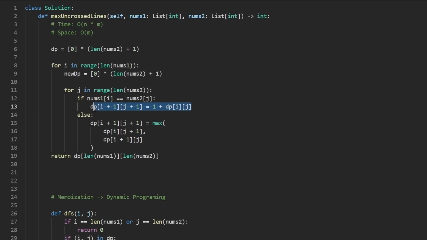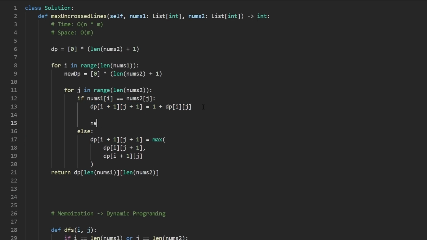The first one should now be new DP at position j+1, we can probably still use j+1 here, is going to be equal to 1 plus this DP is accessing the previous row. So we consider this to be our previous row. So we're going to say DP at j, just like using the same j here.